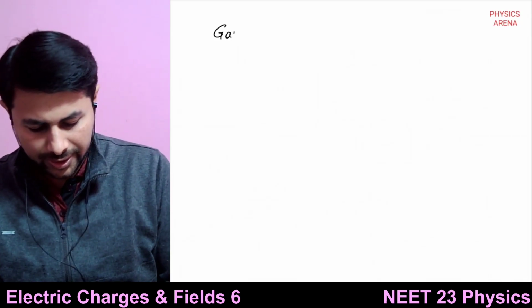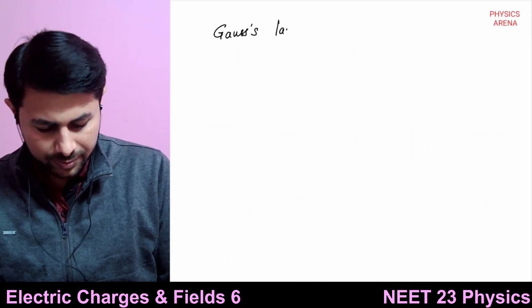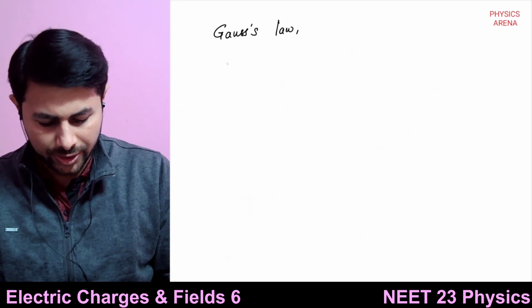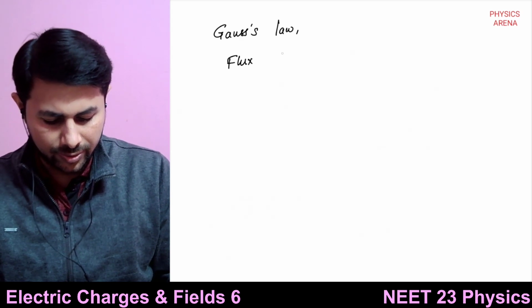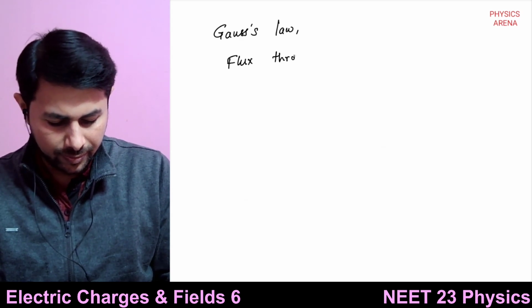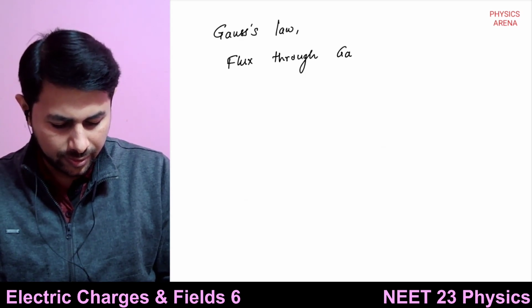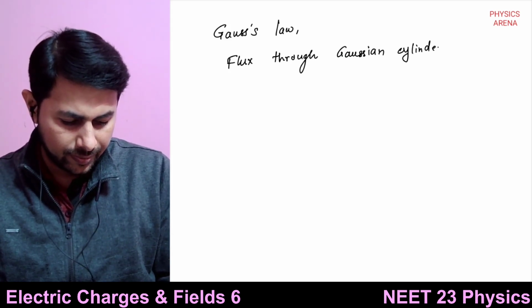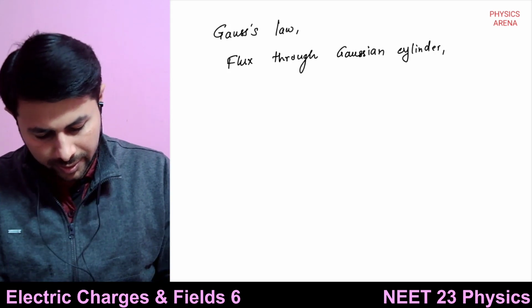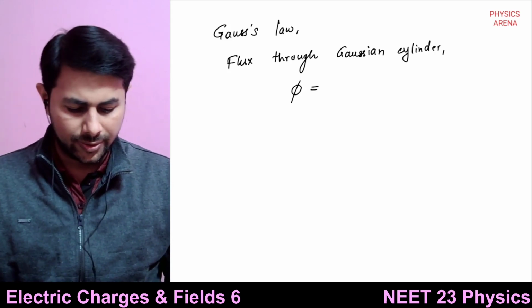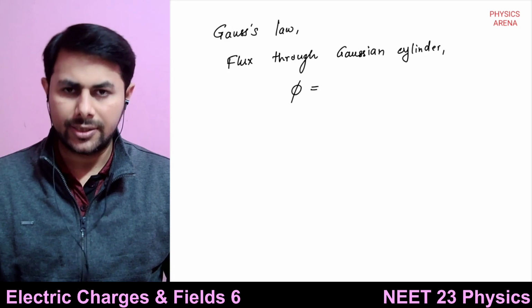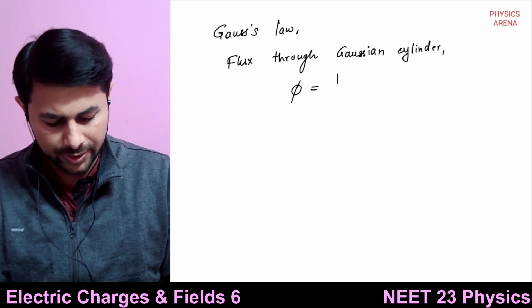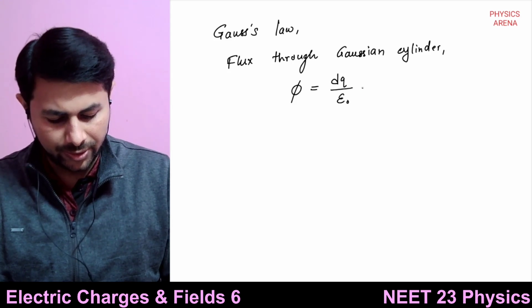Gauss's law tells us the flux through this Gaussian cylinder, let's call it phi, is equal to charge enclosed divided by epsilon naught, which is dq divided by epsilon naught.